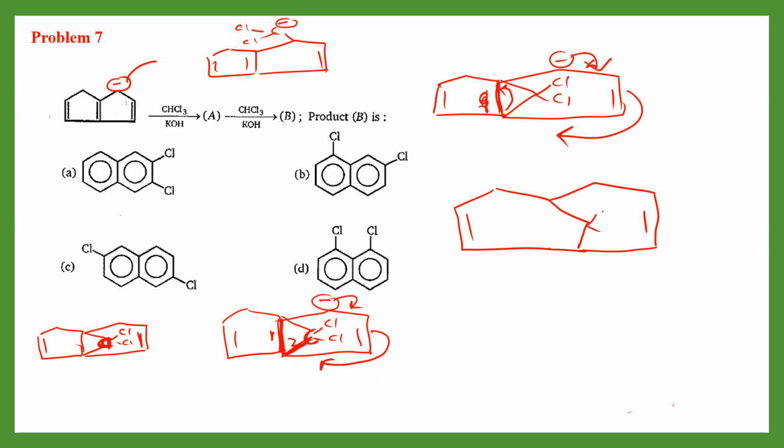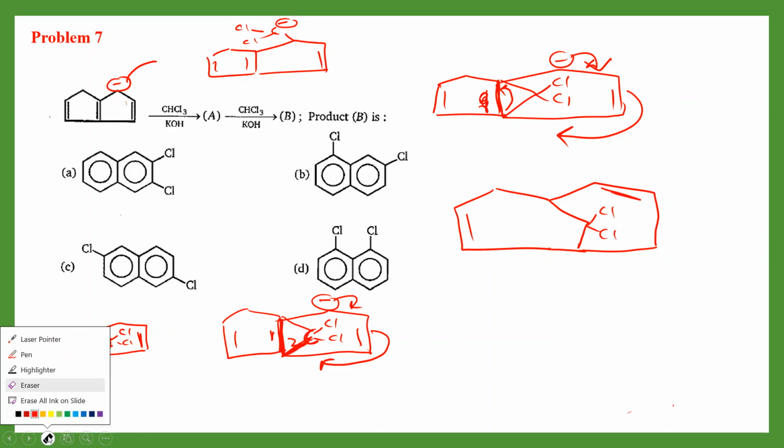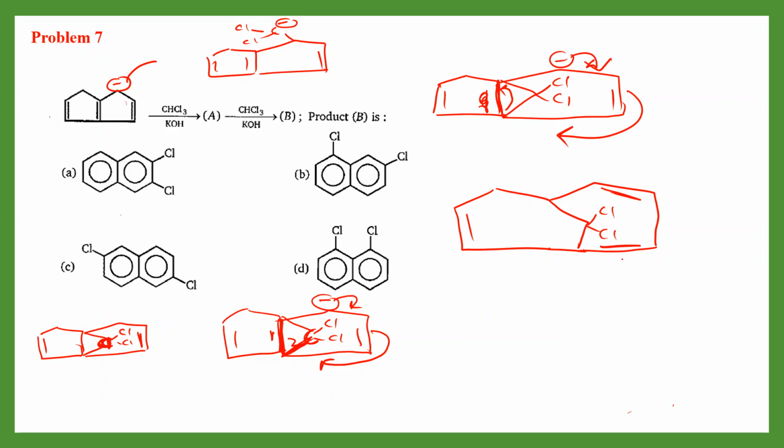Correct students? Still here, but one mistake is there. The double bond will come here and this double bond has shifted here. Correct? So just count 1, 2, 3, 4, 5, 6. A 6 member ring is there.